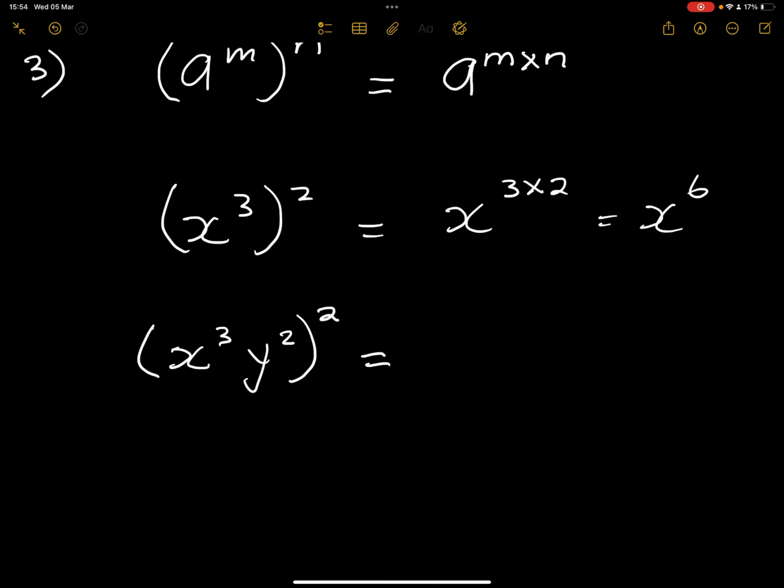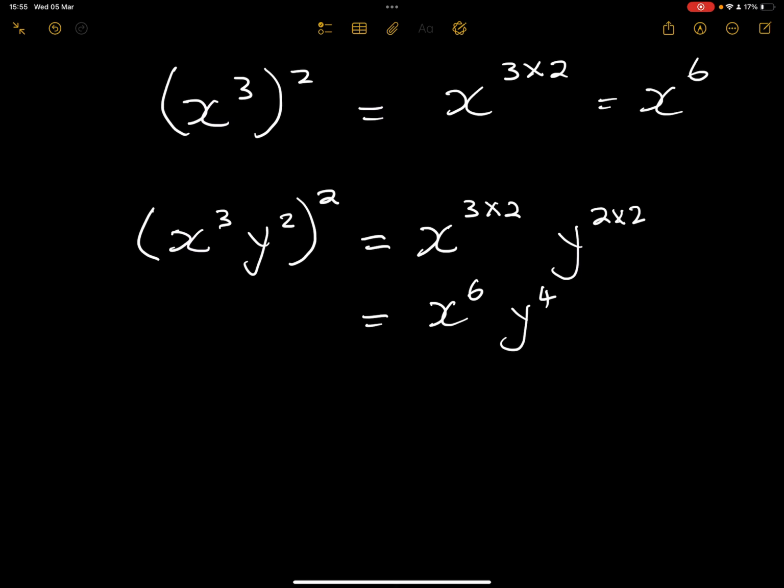So what am I saying? This will be x to the exponent of 3 multiplied by 2, y to the exponent of 2 multiplied by 2. So that exponent multiplies into all the exponents that are there in your bracket. So this will be x to the exponent of 6, y to the exponent of 4, right?